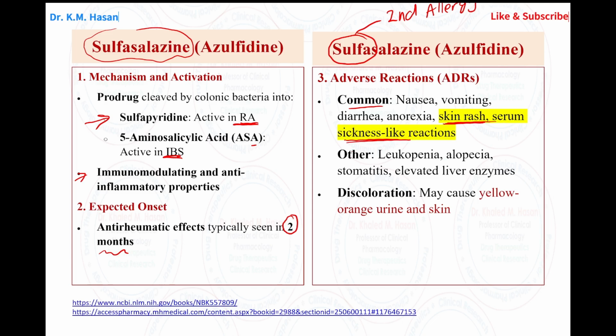Sulfasalazine may also inhibit the bone marrow and cause leukopenia, alopecia, stomatitis, and elevated liver enzymes. It may color the urine and the skin, and the patient may have yellow or orange urine and skin. We need to recommend that the patient not worry if the skin or urine turns yellow or orange; this is due to the treatment with sulfasalazine.